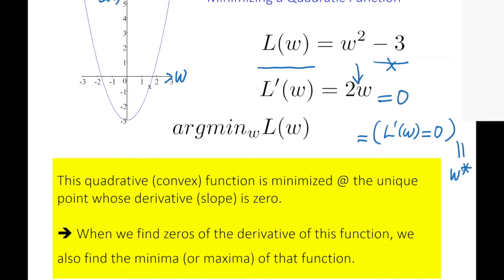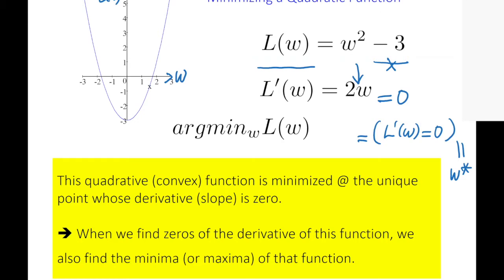It's a quadratic, which is a U-shaped function, and the minimum point is the center of that U. We calculate the derivative of this function in W, and we get 2W. Then we set that derivative to 0, which gives me the best W star.